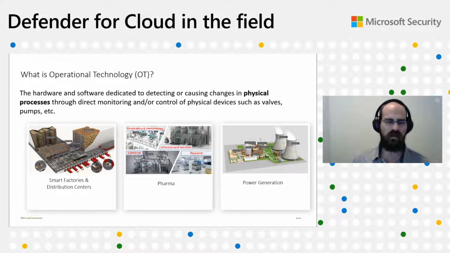Yeah, so just to clarify regarding OT. OT is everything that you can think of that is operational technology. So think about the things that make the world go round. Power generation, think about the plants that produce the cars that we drive, and the phones and the computers that we use. Everything needs to come from somewhere.